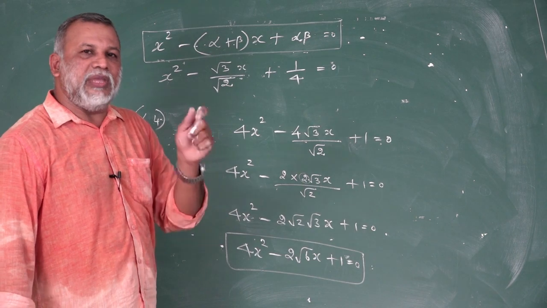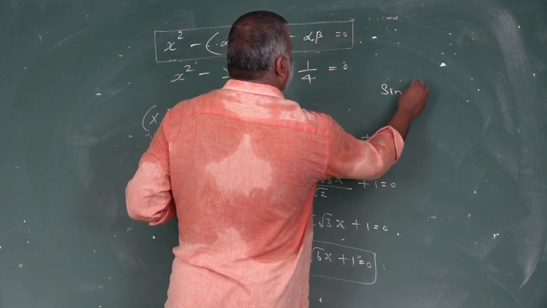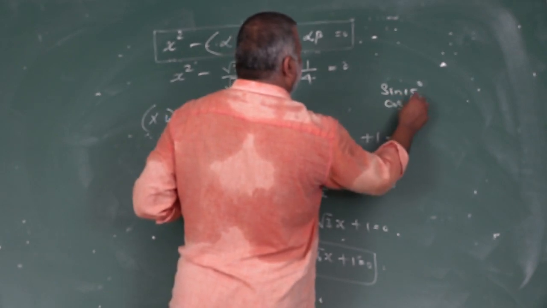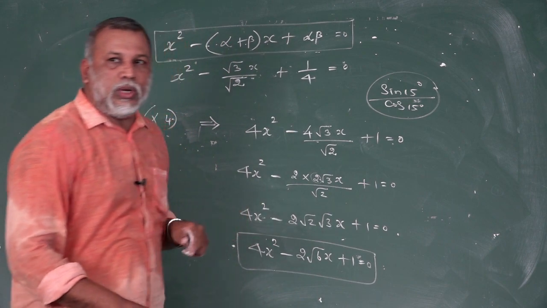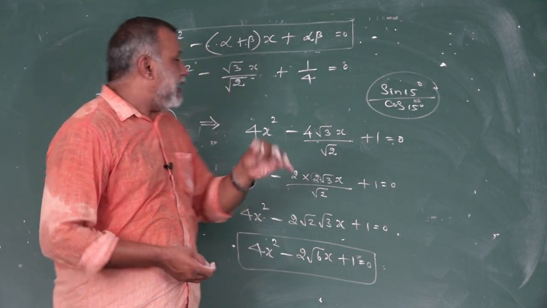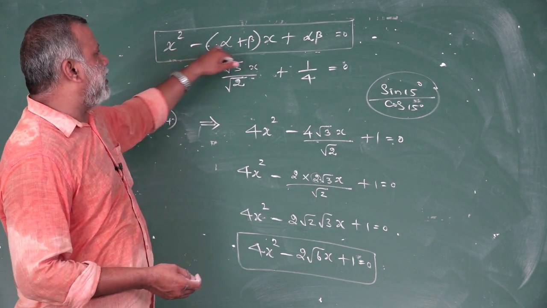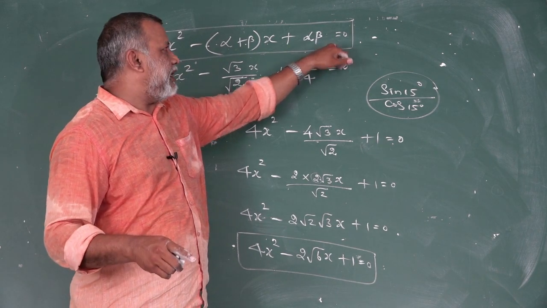Having alpha and beta as the roots, that means sin 15 degrees and cos 15 degrees are the roots of the quadratic equation. If alpha and beta are the roots, then we have the formula x squared minus sum of the roots into x plus product of the roots equal to 0.